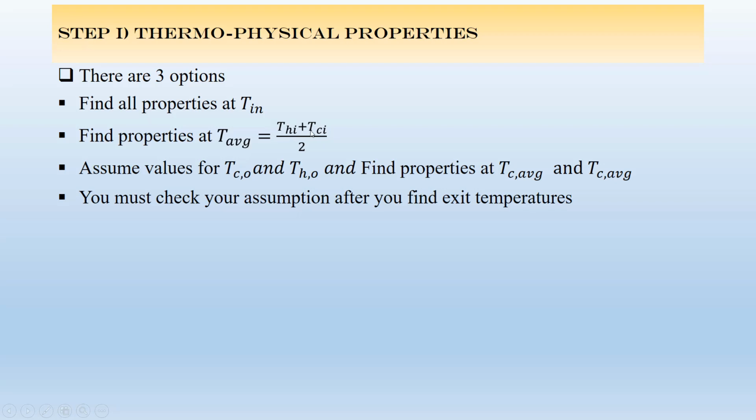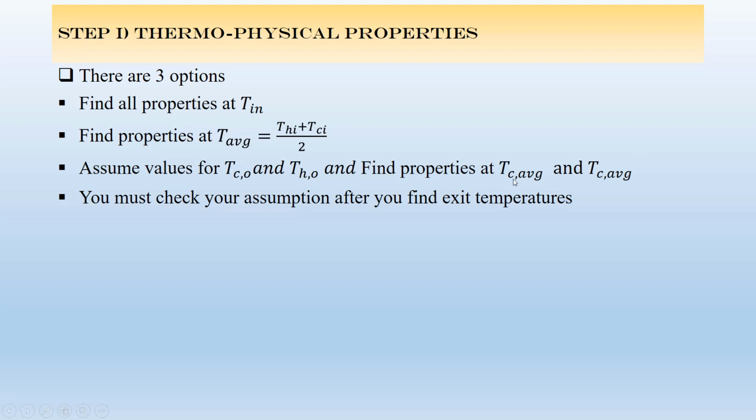So you can use these two temperatures to find a T average, and then you can find all thermophysical properties at this temperature. And the third method, you can assume a value for the exit temperature of cold fluid and hot fluid, and then you can find two different average temperatures for the cold and hot side.